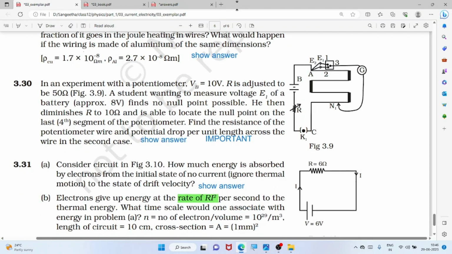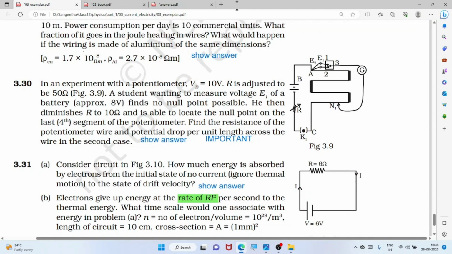In an experiment with the potentiometer, with this 10 volt, R is adjusted to be 50 ohm. A student wanting to measure this EMF. So here again, I'll show you the answer.